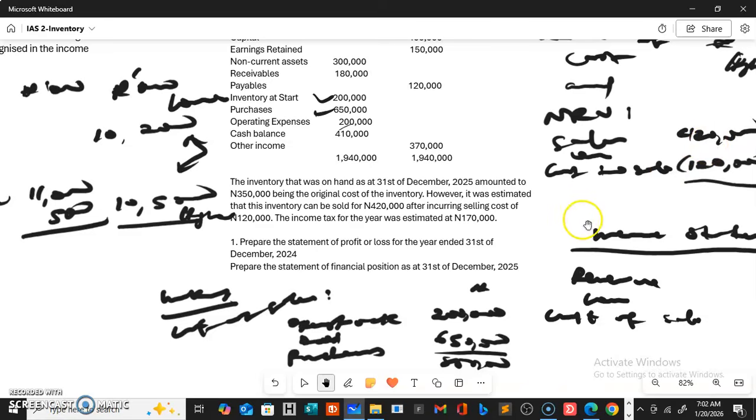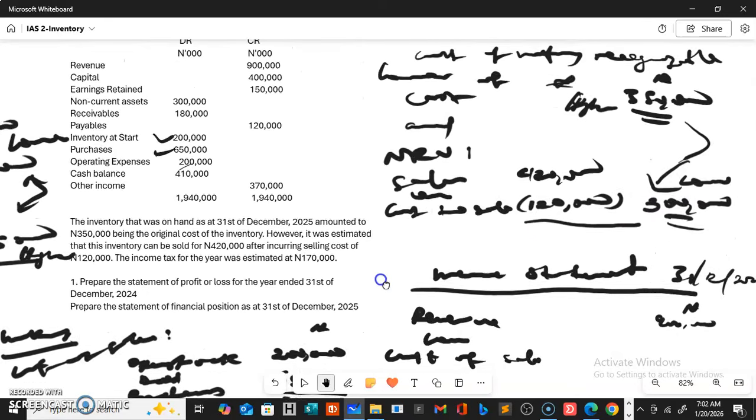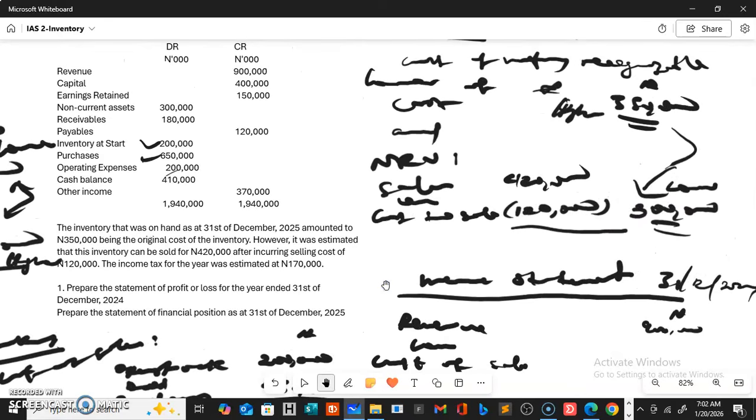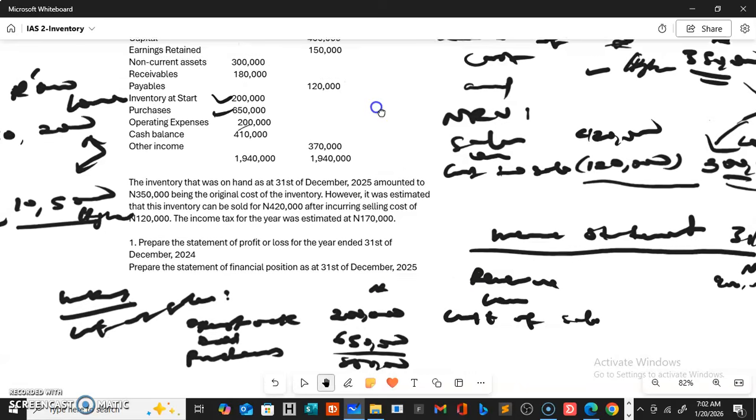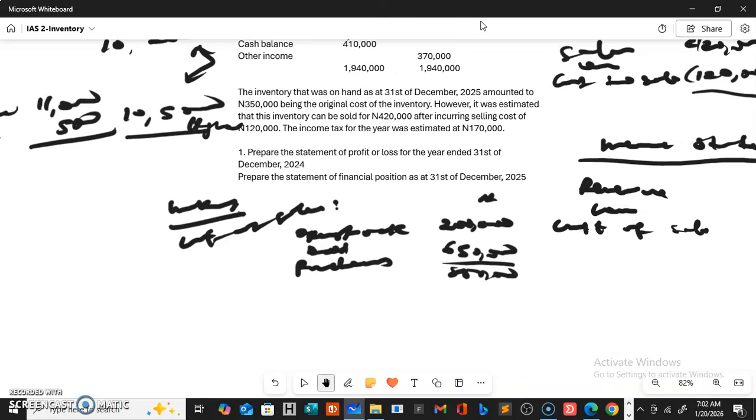So less. The cost we're going to be recognizing is this 300,000, which is the lower based on the IAS standard. So we less the cost, that is 300,000.